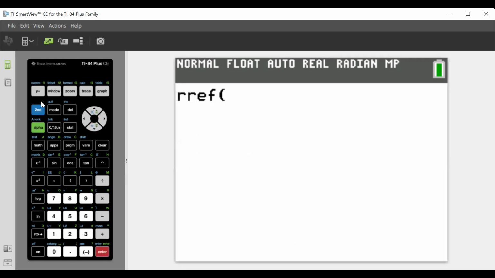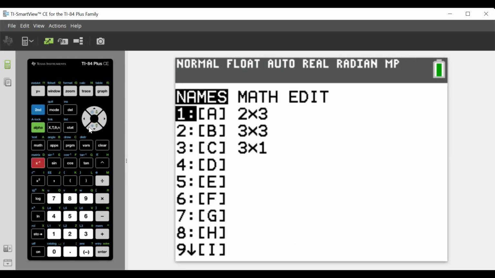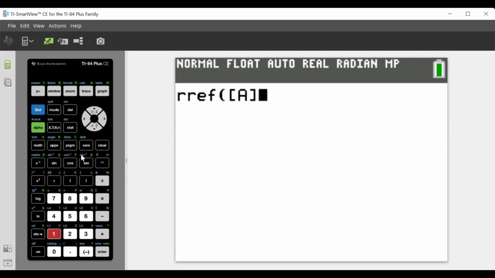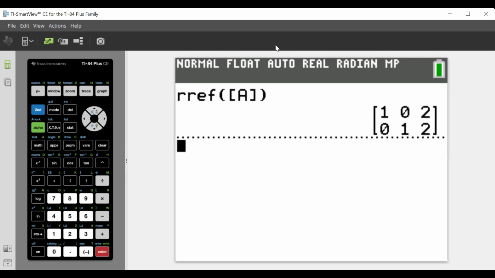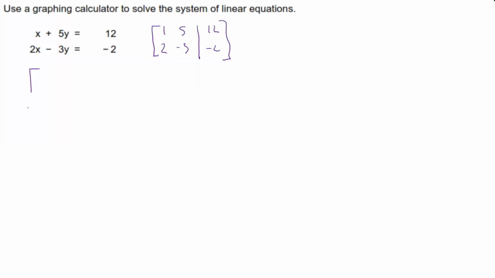Now we need to say which matrix we want to do. So we go back into here and we want matrix A. And then we hit parenthesis. And so it looks like our answer is x equals 2 and y equals 2. So we get 1, 0, 2, 0, 1, 2, and our solution is basically 2, 2.